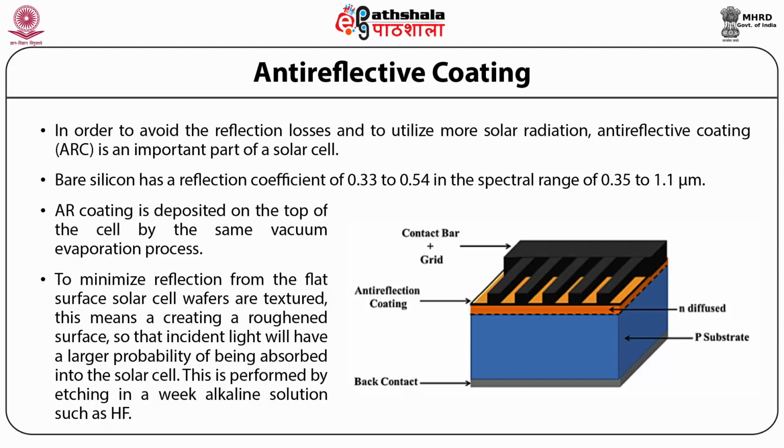Hence, these two ARC layers give a better impedance match between the index of silicon and the index of air. So the schematic of the solar cell, after these above discussed parameters, is shown in this figure.